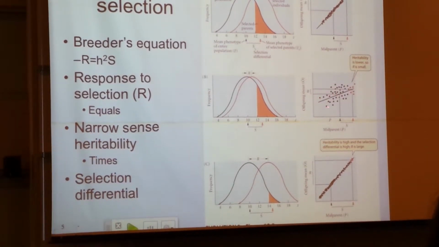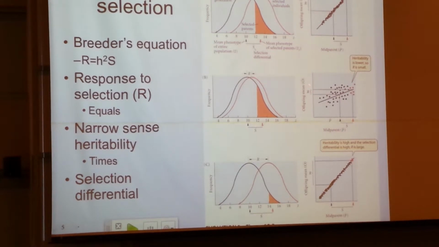And so what happens with the breeder's equation is you're literally taking this distance here, S, right, and you're multiplying it by the slope, and you're getting this value here. So if the slope is 1, as it is nearly here, then the response is just about the same as the selection differential.